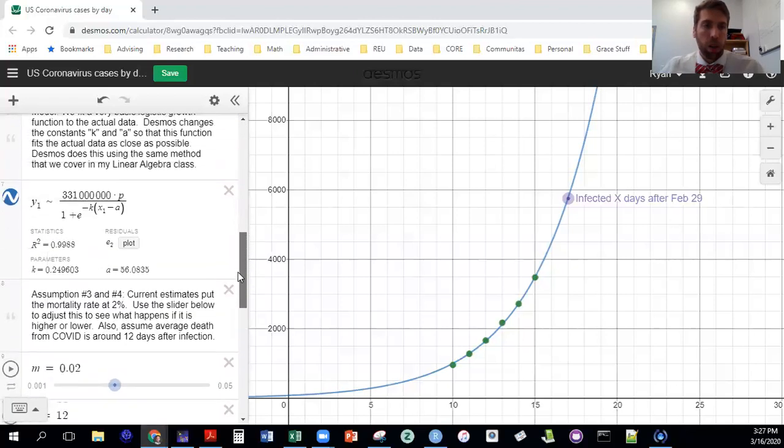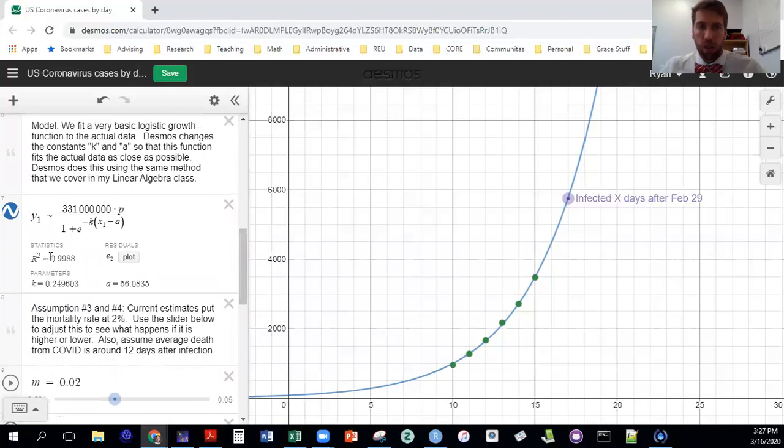Well, r squared is the percentage of the standard deviation of the points that our function is predicting. So that means that 99.9% of the standard deviation of the green dots, their y values, is accounted for by our function, which is really, really, really good. It's crazy how good that is.